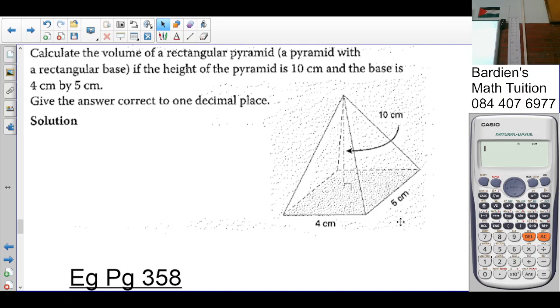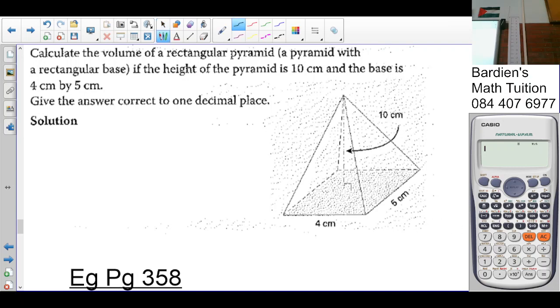If the height of the pyramid is 10 centimeters and the base is 4 centimeters by 5 centimeters, give the answer correct to 1 decimal place. Calculate the volume.